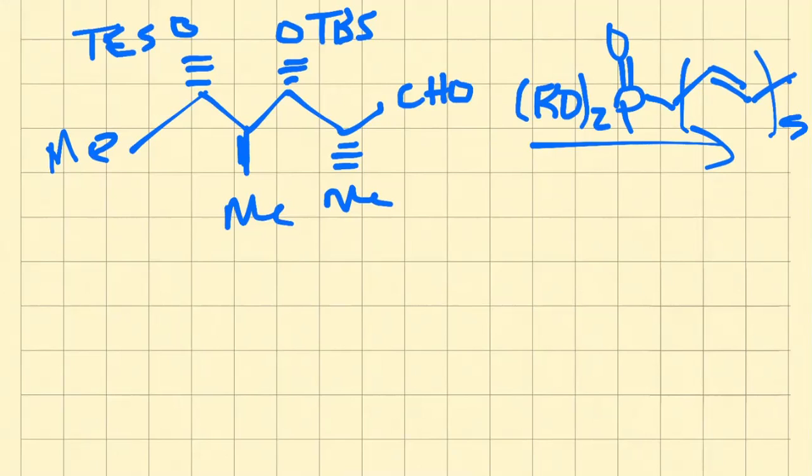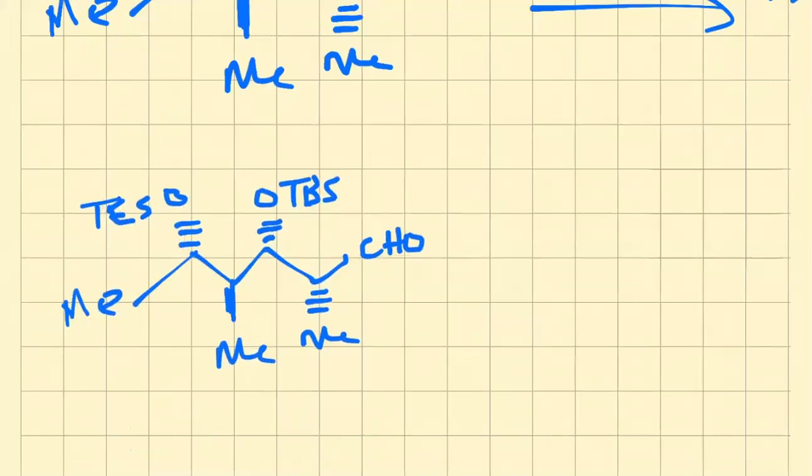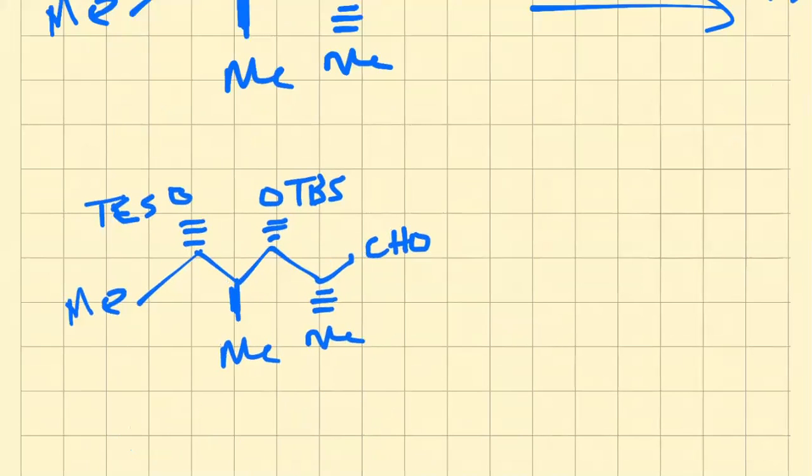And so in the product, you have, of course, this aldehyde is going to get converted into an alkene, a trans alkene, because they're using this Horner-Wadsworth technology. And then the rest of the stereochemistry, I'm going to show you.